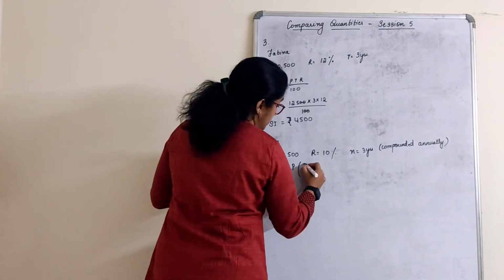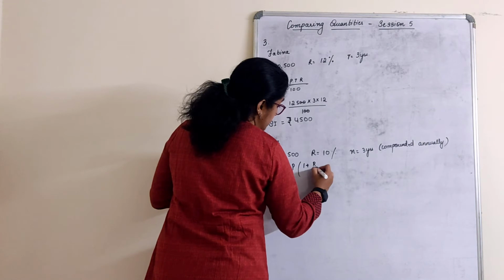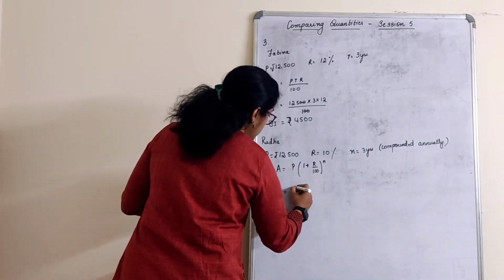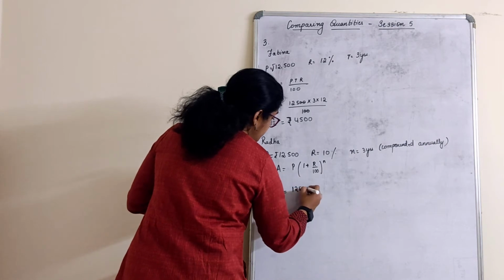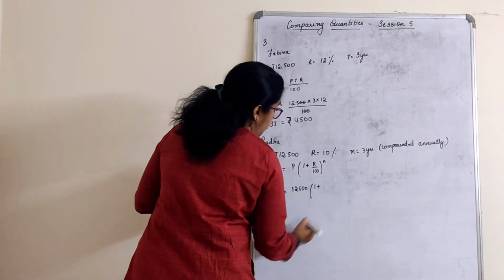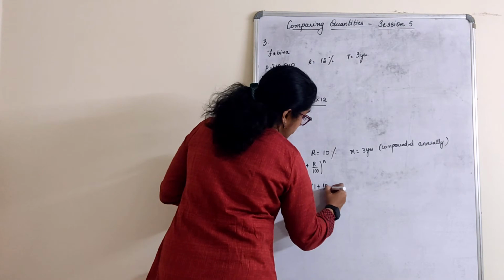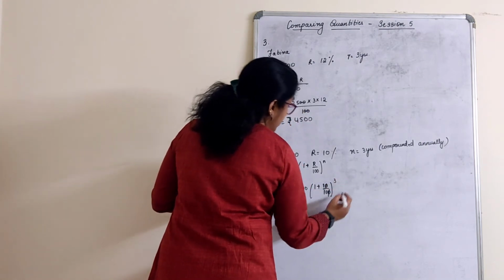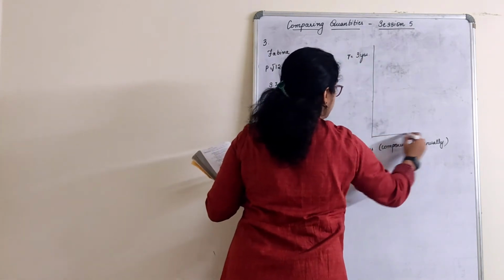Amount is principal of 1 plus r by 100 raised to n. Principal is 12,500 into 1 plus 10 by 100 raised to 3. 0 and 0 will get cancelled. I'll do it here.